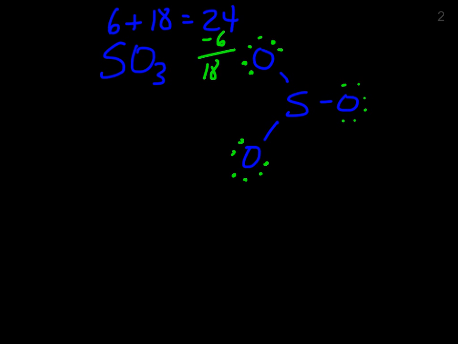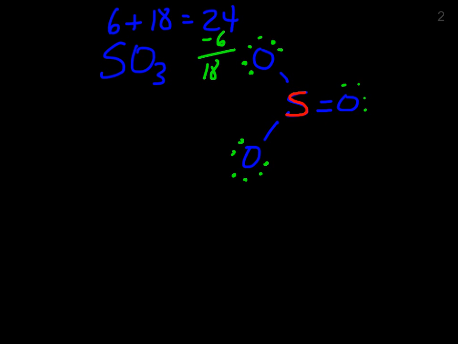And I step back and go, wait a second. The sulfur in the middle, right here, only has 6. I'm going to take 2 of those non-bonding electrons and kick them over into a bonding position. When I do that, I end up with a double bond to the sulfur.